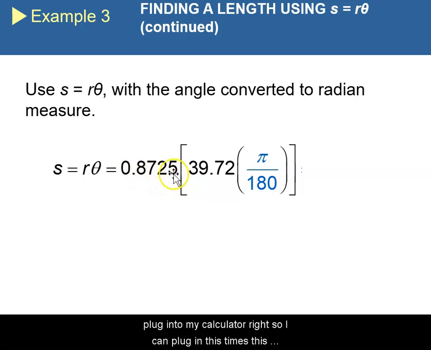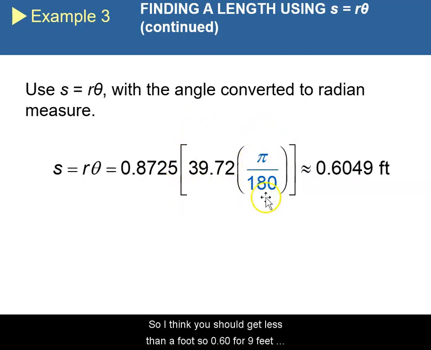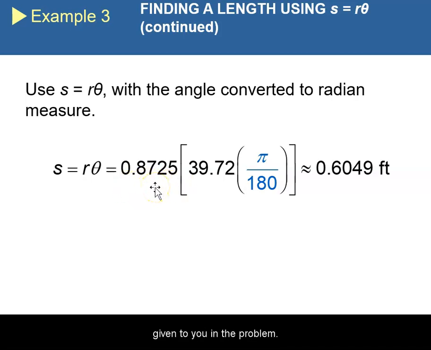I can plug in this times pi, and then divide whatever answer I get by 180, or I can throw it all into the calculator at one time if I use the appropriate parentheses in the order that's shown. At the end, you should get less than a foot, so 0.6049 feet. Notice that your decimal places match up with the largest number of decimal places that was given to you in the problem.